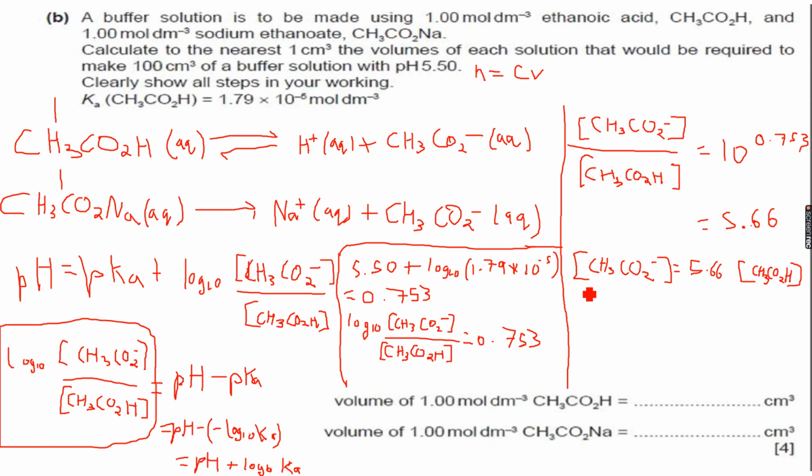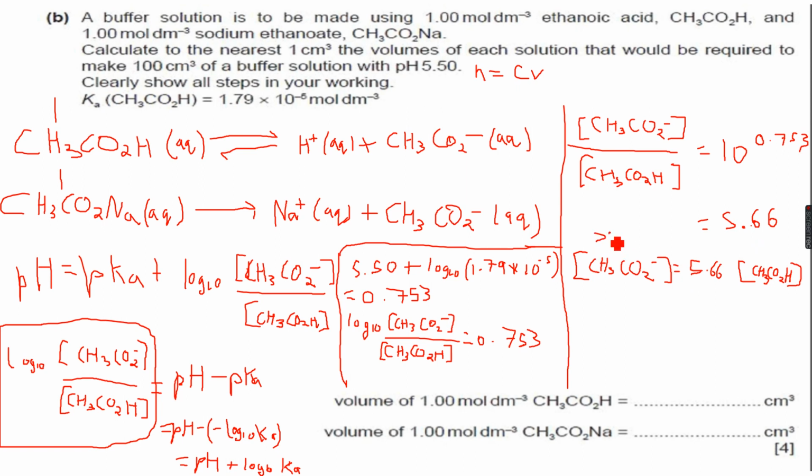So first of all, I know that the concentration of ethanoate ions is 5.66 times the concentration of ethanoic acid. So the total volume has to be 100.